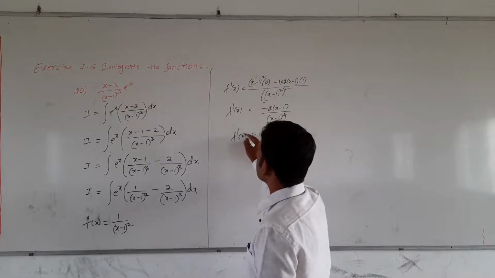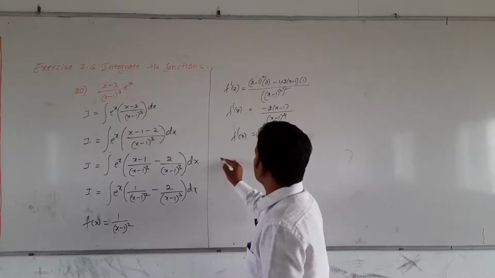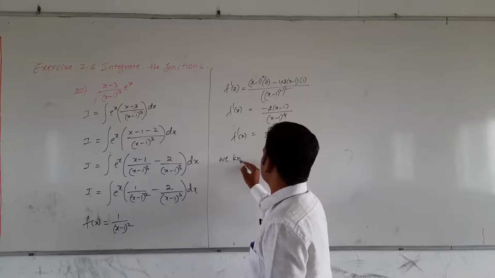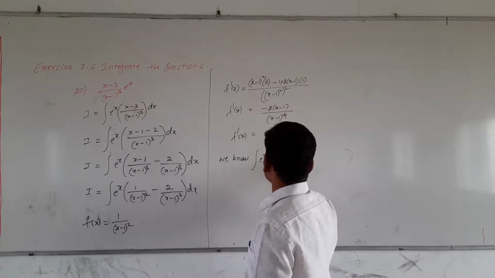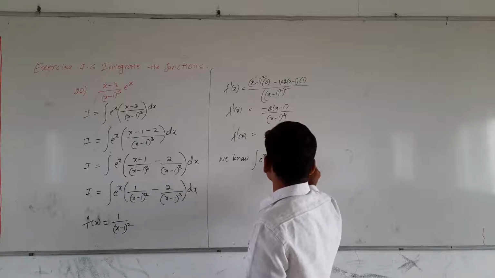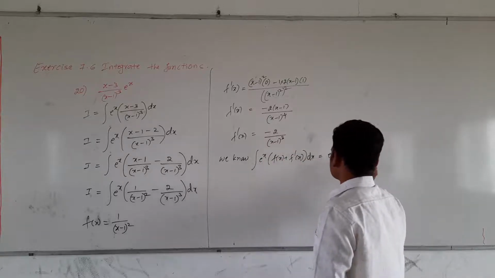We have minus 2 by x minus 1 whole cube. What is this? This is f dash of x. Okay, we know the integration of e raised to x into f of x plus f dash of x into dx is equal to e raised to x into f of x plus c.